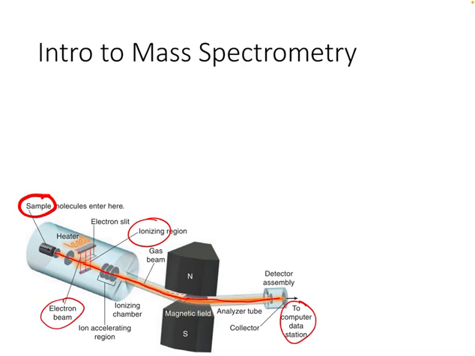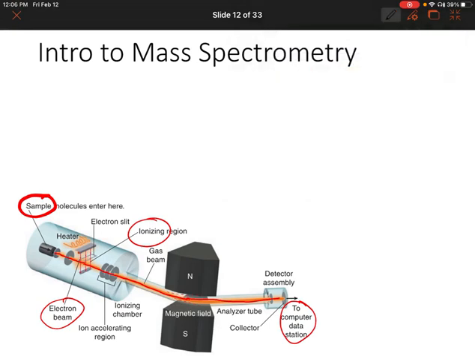Okay, so let's talk a little bit more about the ionizing portion of the instrument. So let's say you have a carbon-carbon bond in a molecule. And remember that a covalent bond is 2 electrons. If we hit that with an electron beam, so it's really just a laser of electrons essentially, you end up knocking off one of the electrons.